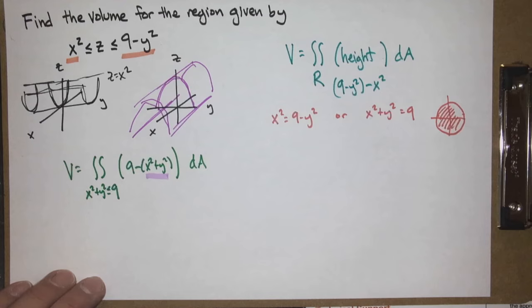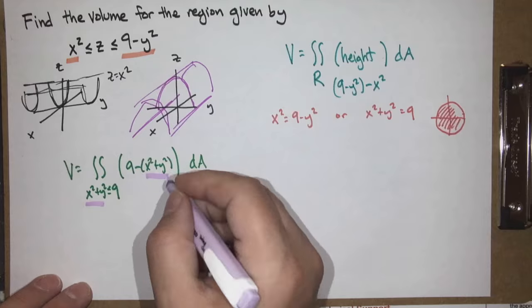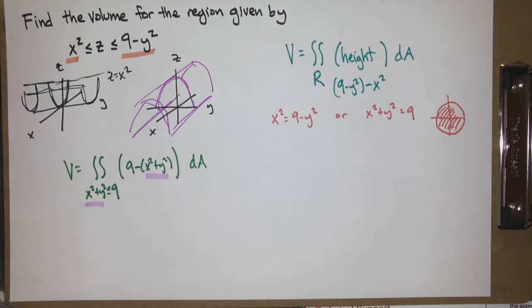When you start seeing x squared plus y squared showing up in your functions, it's just trying to say polar, polar, polar. That is showing up in your region and in your function. That's like a one-two combination. This is just going to knock you out if you don't get it set up in polar. So we say, hey, idea, let's put it in polar. So we switch to polar.